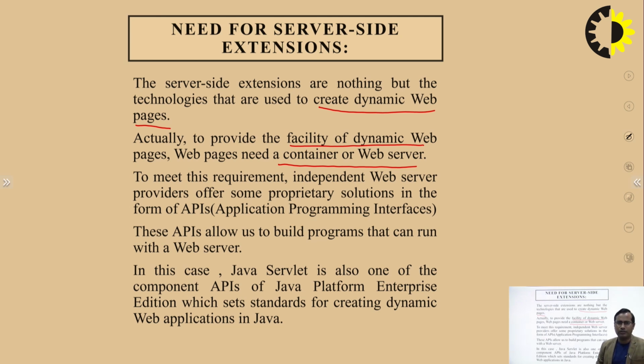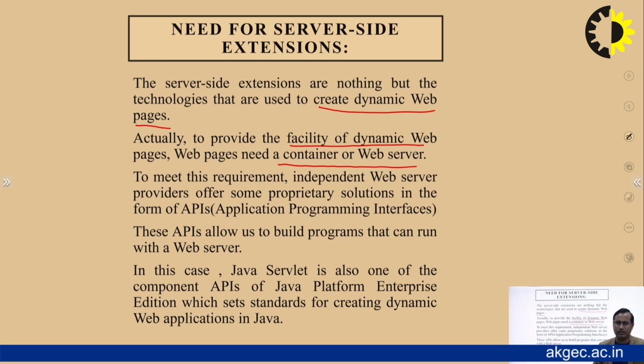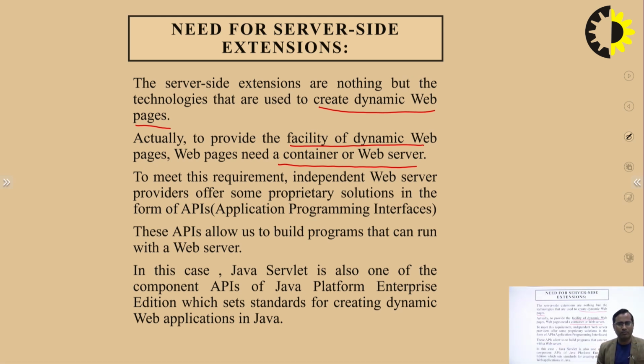Because Servlet is a technology provided by Java, that means Servlet is actually a Java program. So we need three things to execute or deploy this on the remote side. First, because it's a Java program, we need a Java Development Kit, JDK, to compile and run this Java program Servlet.